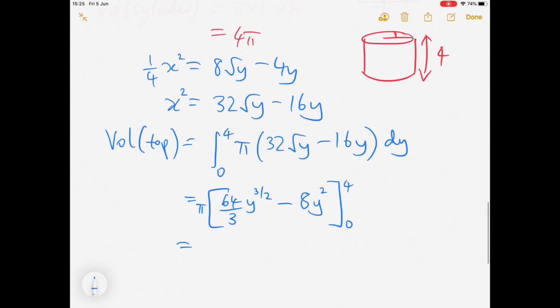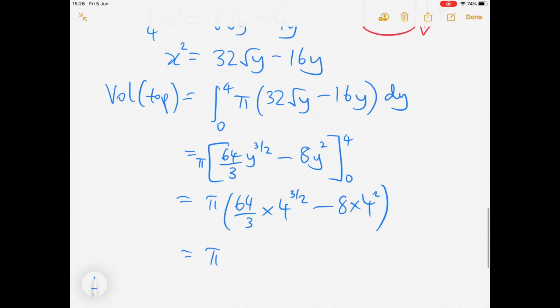So clearly if we put 0 in, we're going to get 0. And if we put 4 in, we're going to get 4 to the 3 over 2 minus 8 times 4 squared. And then 4 to the 3 over 2, well, that's 8, isn't it? It's 2 cubed. So we've got 64 times 8, which I think is 256.